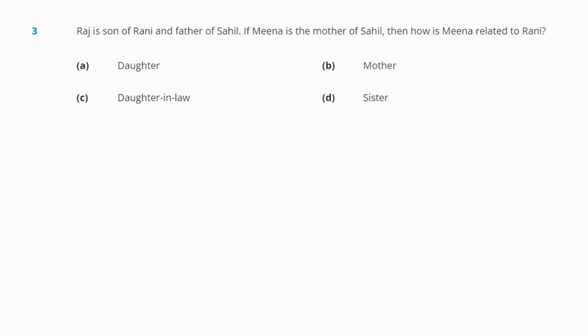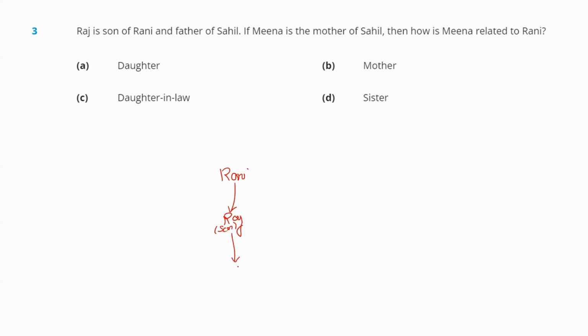Raj is son of Rani and father of Sahil. If Meena is mother of Sahil, then how is Meena related to Rani? So let's draw. Raj is son of Rani, so Rani comes here. And Raj is the son of Rani. And father of Sahil.